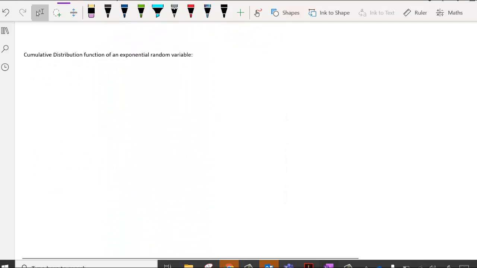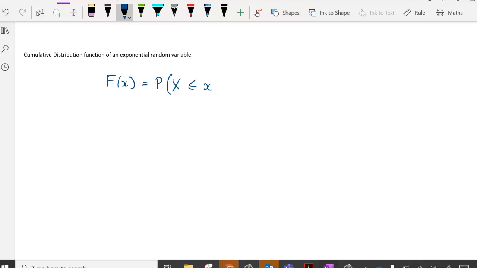Alright, so the last thing we're going to look at before we look at a couple of problems is a cumulative distribution function. So that means we're looking to try and determine F of x, which is the probability of X being less than or equal to x, which really is the integral between x and 0 of the function with respect to x.